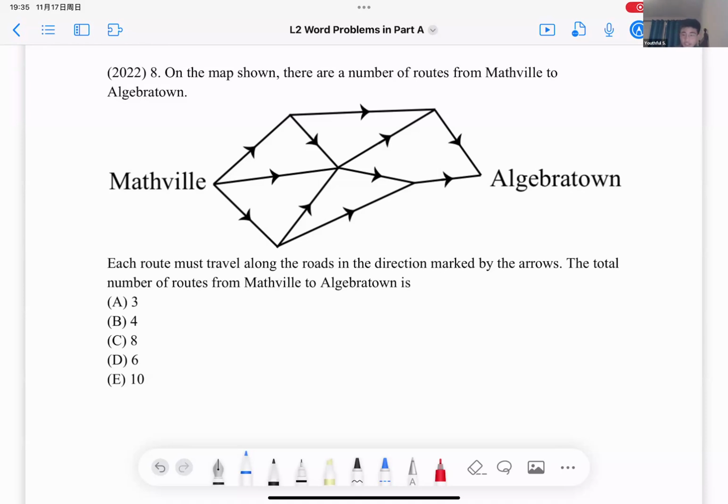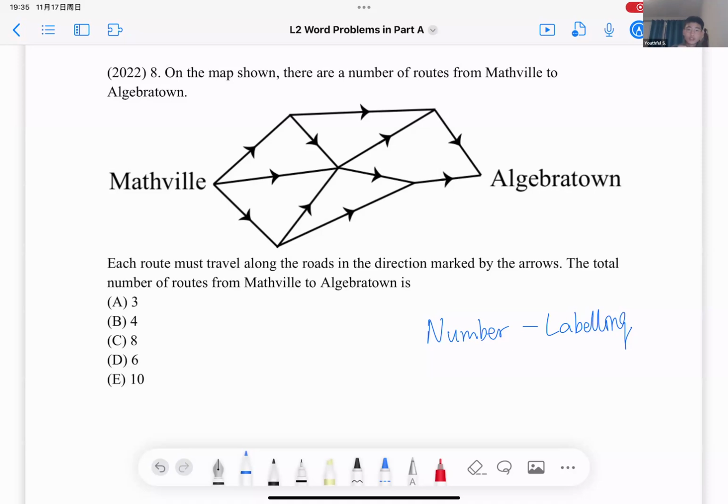So here we're going to introduce you to a method called number labeling. We're not going to talk about it first, but this graph is actually pretty friendly to you guys because it has arrows on it.